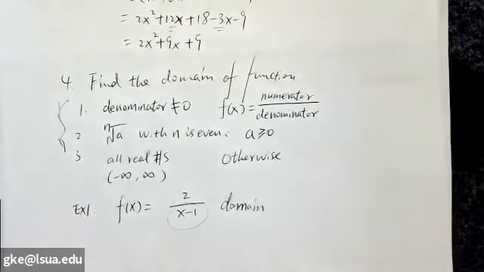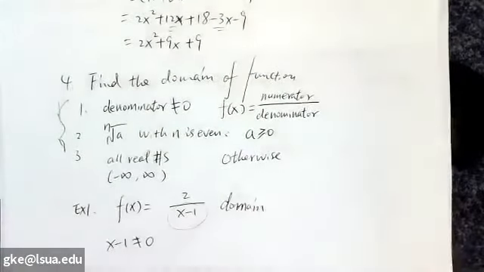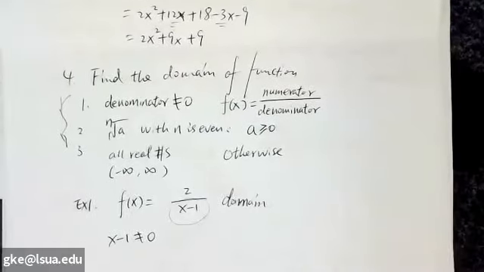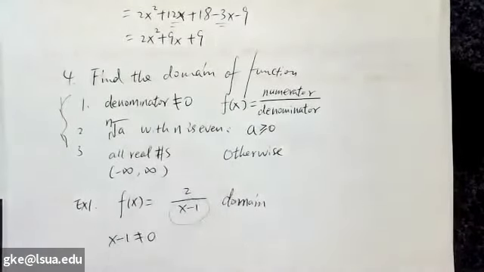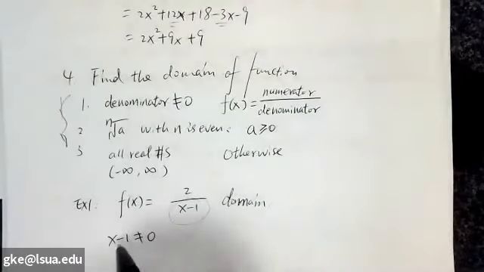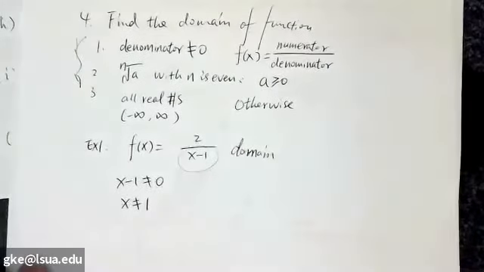So that means x minus 1 doesn't equal 0. That's the first scenario. The denominator can never be 0. So x minus 1 doesn't equal 0. And then we can solve it. Plus 1 for both sides, we get x doesn't equal 1.